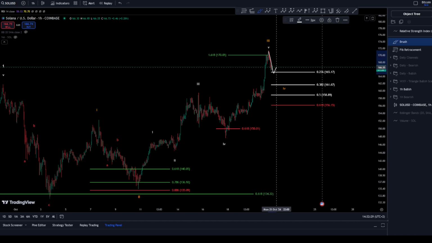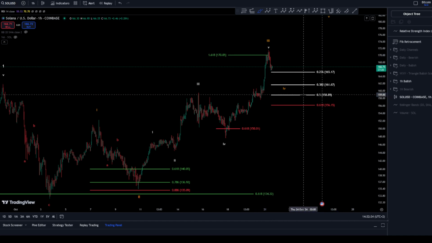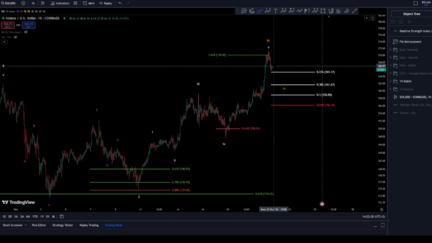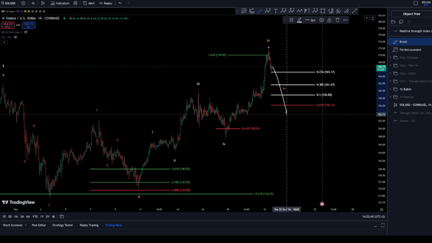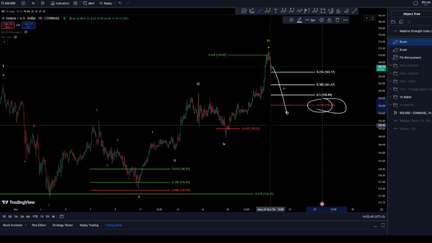And of course, because we are impulsive, we might seek a little bit for lower prices so far if we break these levels here. Therefore, then you are possibly in a double 1-2 because you hit lower than the 0.618.